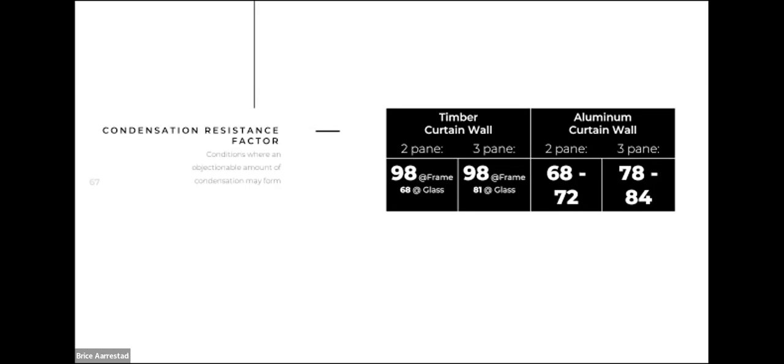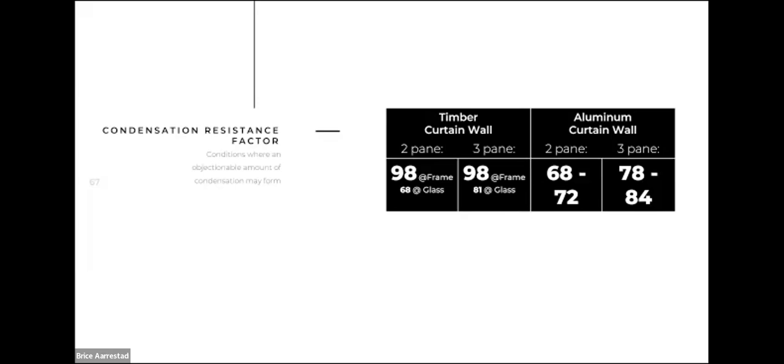Comparing timber curtain wall and aluminum curtain wall, if you're testing the condensation resistance of just the frame for curtain wall, it's at 98. 100 would be completely resistant to condensation, right? I do have to add those numbers below it though, because what they found in the testing is that the glass, the glazing system or components, are the weakest in that system from a condensation standpoint.